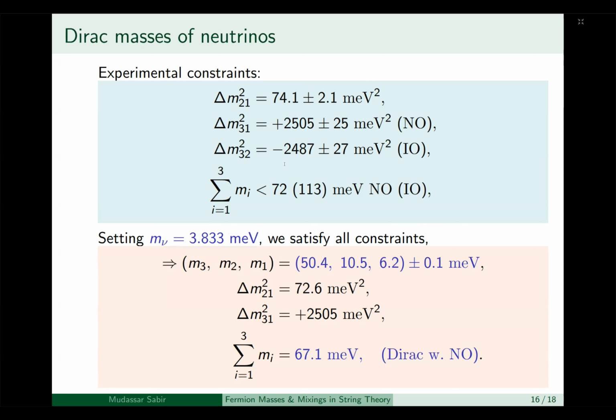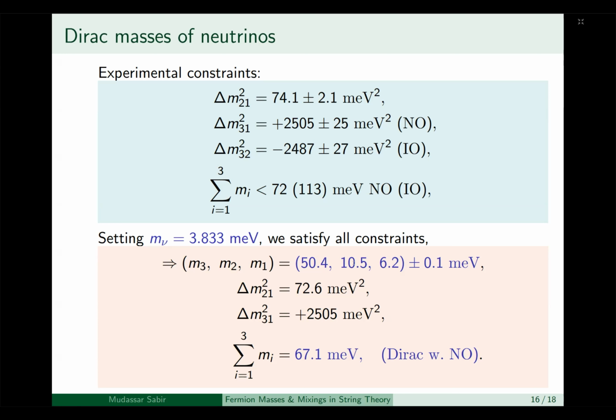So I can fix the overall scaling with 3.833 MeV, and this will satisfy all the experimental constraints as well as the swampland bounds. So this is my prediction from model 22, where I have precise neutrino masses: 50 MeV, 10.5 MeV, and 6.2 MeV.